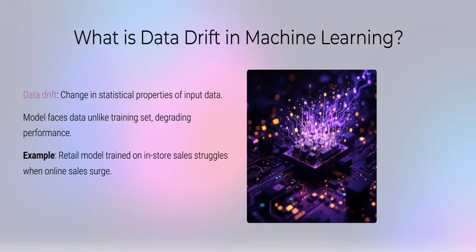What is data drift in machine learning? This slide serves as the introduction to the core concept. It defines data drift as a change in the statistical properties of the input data that a machine learning model receives after it has been deployed. The key consequence highlighted is that when a model encounters data that differs significantly from its training set, its predictive performance degrades.